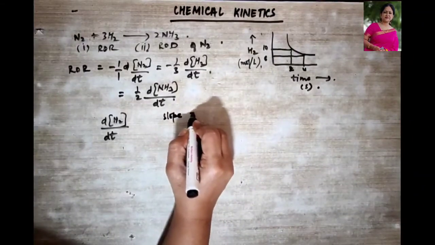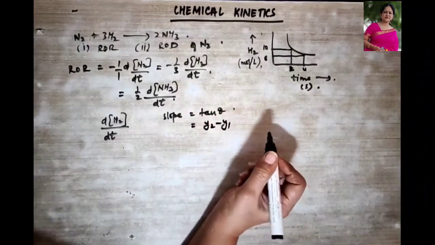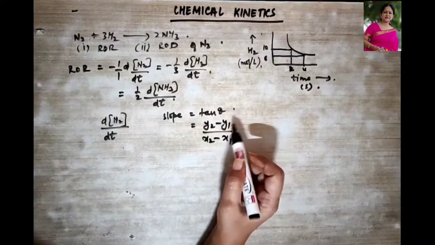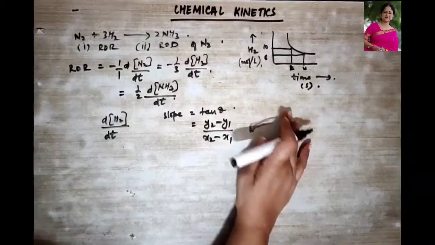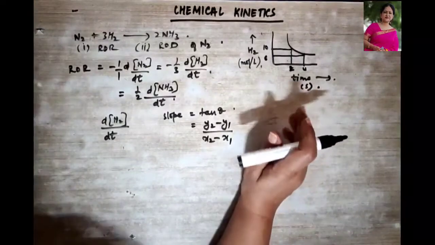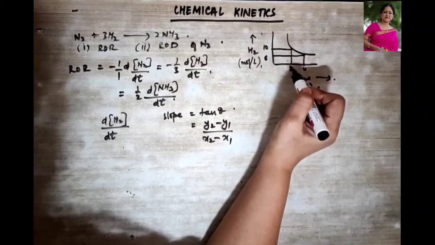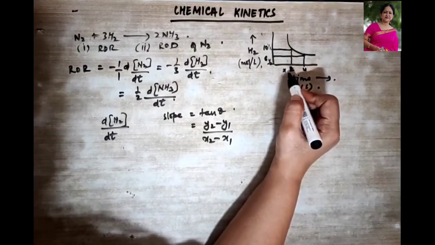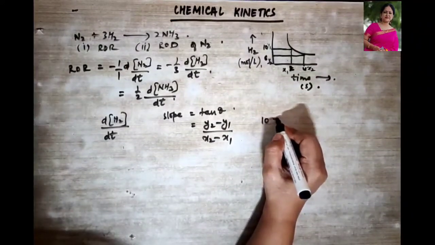The slope is equal to tan theta, that means y2 minus y1 upon x2 minus x1. So what is y2 minus y1? This is x1, this is x2, this is y1 and this is y2.